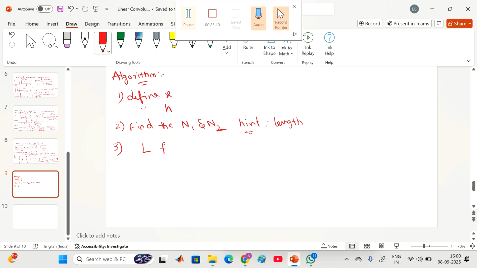Finding L. So what is the L formula? N1 plus N2 minus 1. Next, finding the convolution. So here we will use a command, the first 4 letters of convolution, CONV.